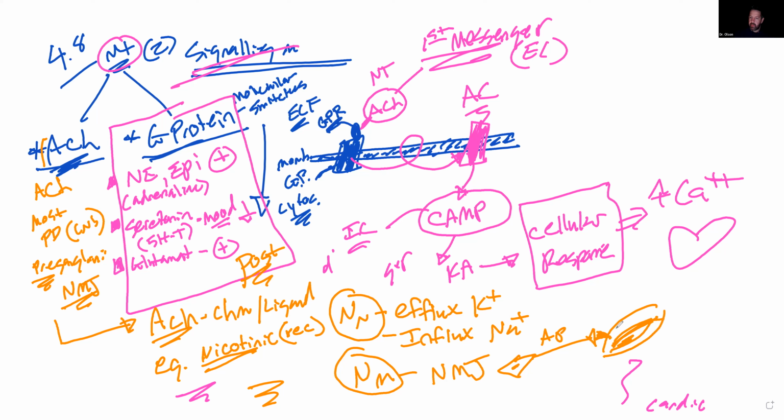And we have what's called a motor end plate, and that synapse that is involved, we'll talk about in more detail in the musculoskeletal section. But this here is the neuromuscular junction.